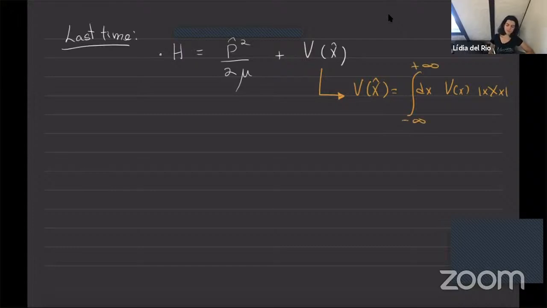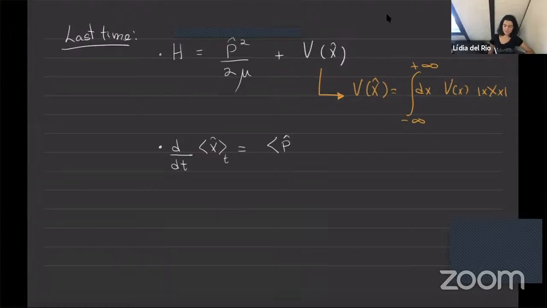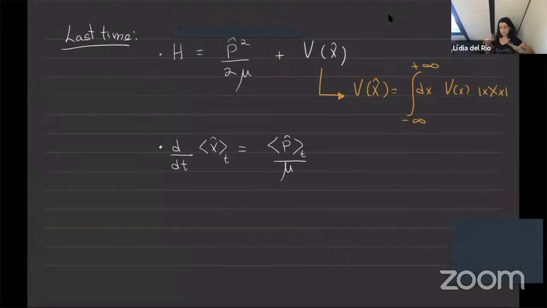Good. And we saw how the position and the momentum evolve on average. This was the Ehrenfest theorem, which went like this. The derivative of the position, the rate at which the position changes at a given moment in time, depends on the momentum divided by the mass, which classically corresponds to the velocity of the system.